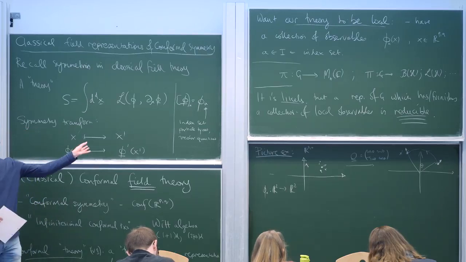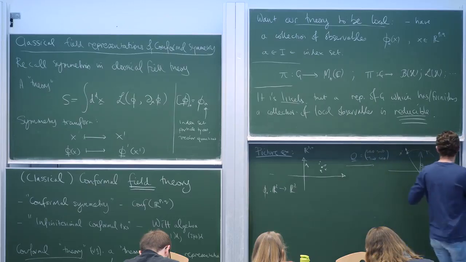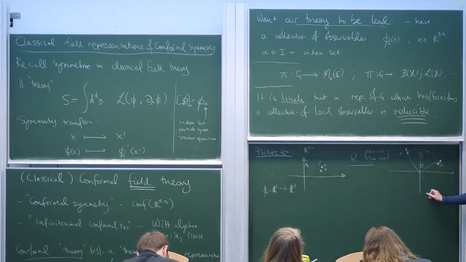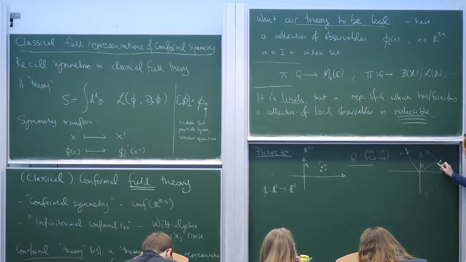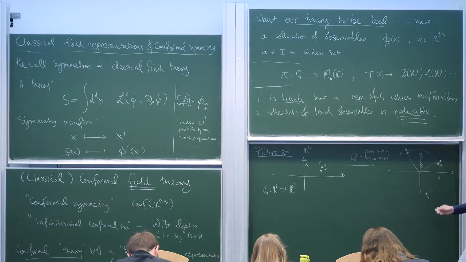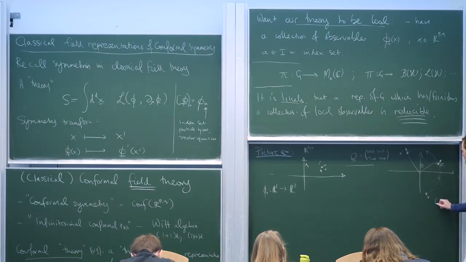So after you've done your transformation, at the point x, what's at the point x now? Well, not the field, but the field that was somewhere else, right? The field that was over here to begin with, it gets moved to x. Maybe it's pointing like that. So the field that is now at x after the active transformation came from a location O inverse x to begin with.